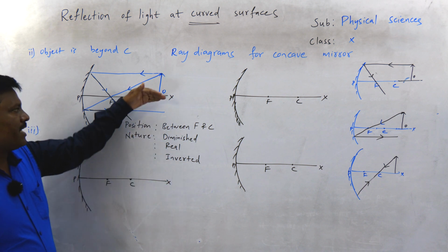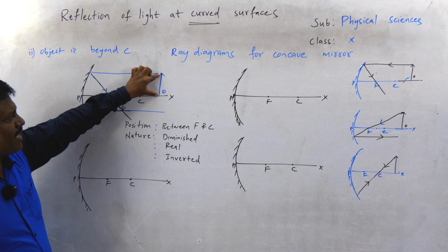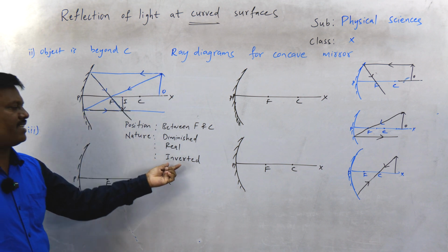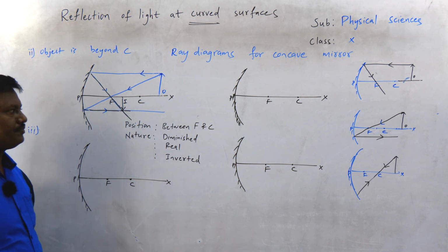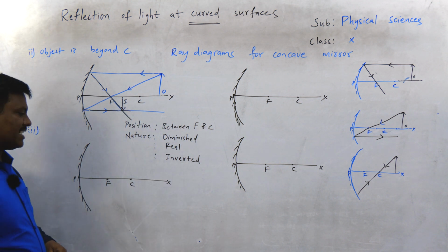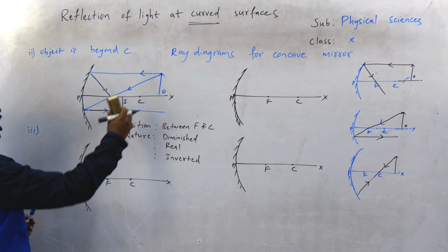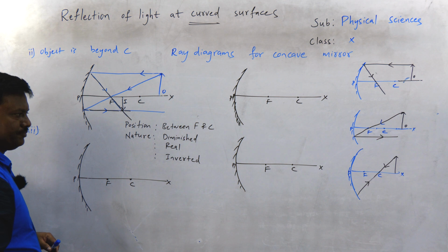Inverted, because image is formed, this is principal axis. Object is upward of the principal axis, but image is downward of the principal axis. Image is formed downward of the principal axis, so it is called inverted image. Okay, these are the characteristics of the image formed by the object which is placed beyond center of the curvature.